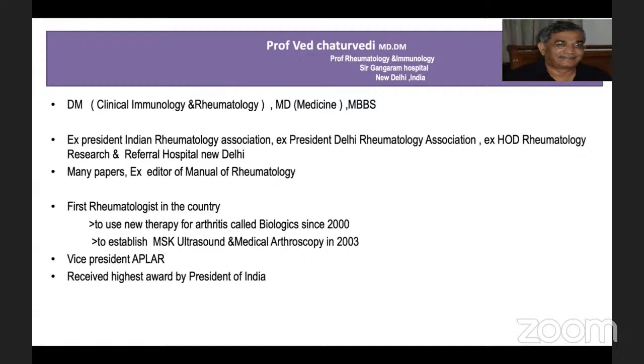Management of RA includes a combination of medications like disease modifying anti-rheumatic drugs, non-steroidal anti-inflammatory drugs, and biologics to control inflammation and slow disease progression. Physical therapy, exercise, and lifestyle modifications are also important for maintaining joint functions and quality of life.